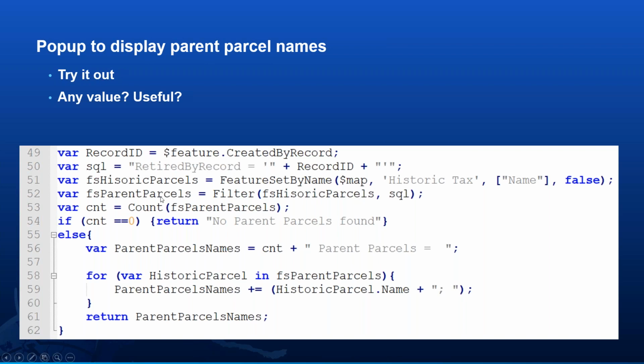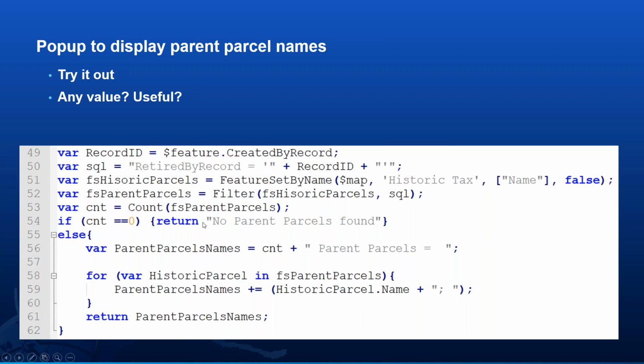So this gives you all the parent ID. This will give you the count of how many parent parcels exist. If it's a merge, we expect more than 1. If it's a split of 1 parcel, we expect 1, of course.